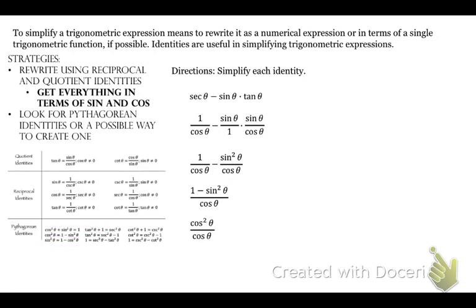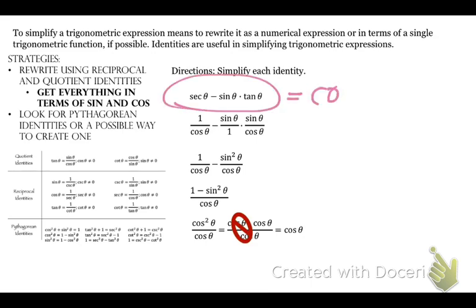So this is cosine squared of theta over cosine, which is cosine times cosine over cosine. If you divide by something that's the same on top and bottom, they cancel. So all we're left with is cosine of theta. So that means this thing right here is the same as cosine of theta.